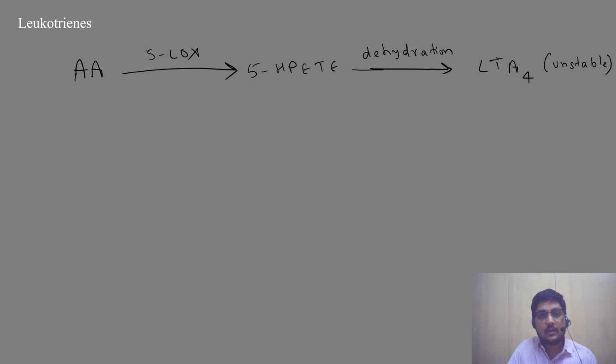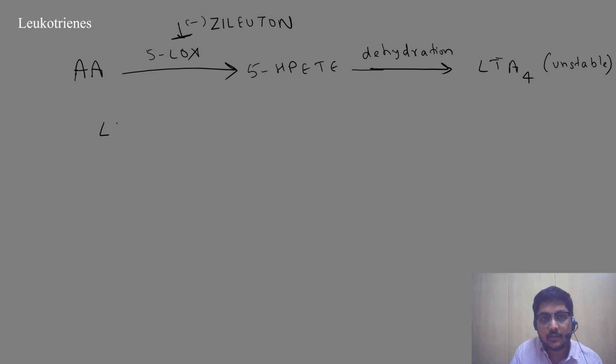So if I target this 5-lipoxygenase enzyme to block it, is there any drug which can block it? Yes, zileuton, with anti-inflammatory nature, used in asthma conditions. What is the fate of this LTA4 after it is formed?